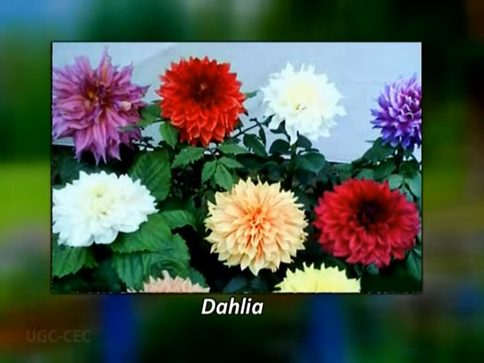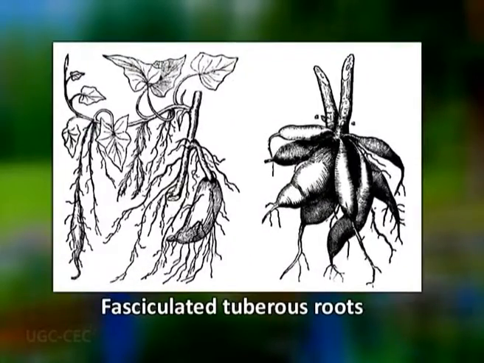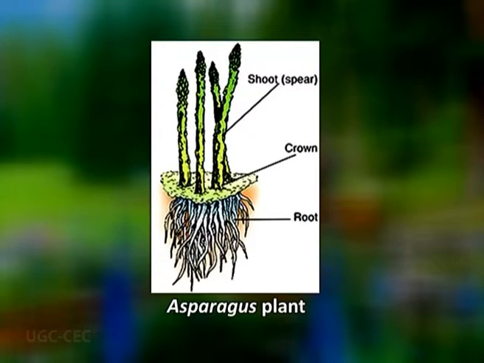Number two, fasciculated roots. In Dahlia, the clusters of adventitious roots arising from the same node become swollen and form fascicles or tubers. Such clusters of tubers are called fasciculated tuberous roots. They are also exemplified by Asparagus, in which clusters of tuberous roots develop from the branches of adventitious roots.